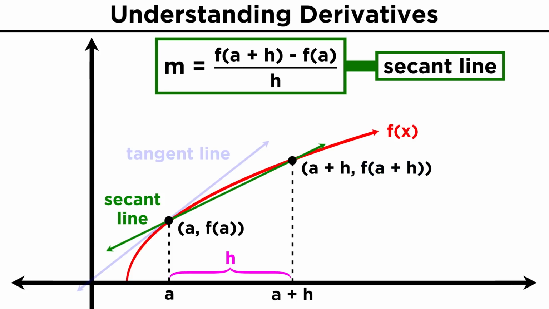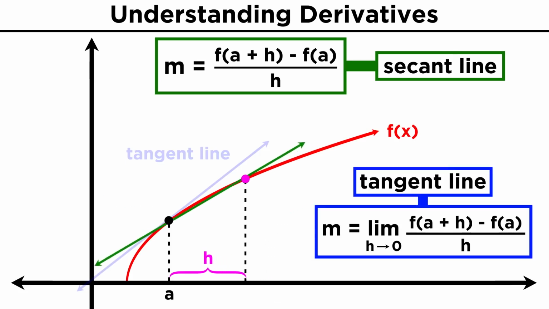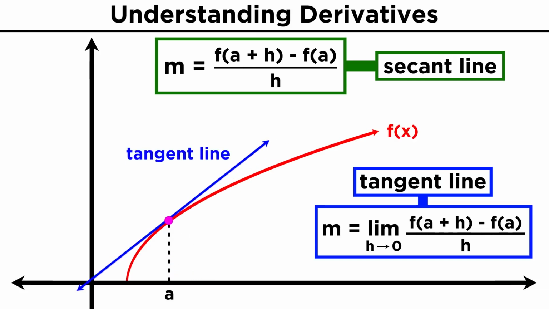Now to get rise over run, we find f of a plus h minus f of a over h. This time, the slope of the tangent line is the limit of this expression as h approaches 0, meaning the distance between the 2 points becomes 0, and the points become 1.